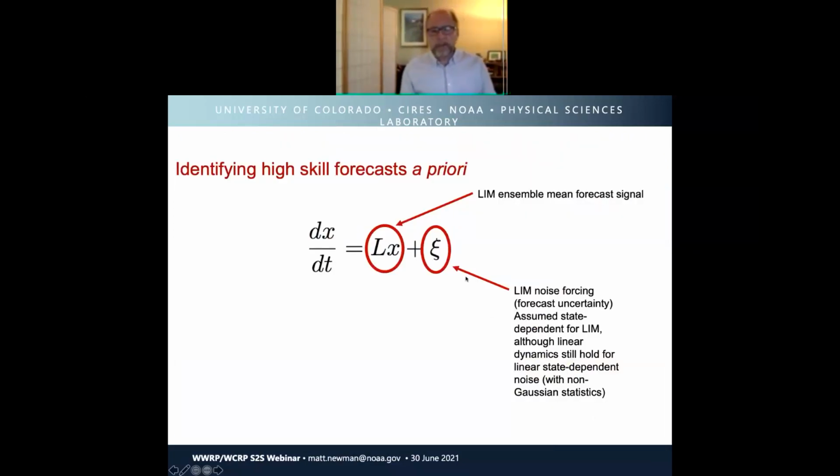So from a predictability standpoint, again, what we're interested in is essentially determining the difference between a predictable signal, this ensemble mean forecast signal, and an uncertainty due to noise. And this noise in the LIM, we assume to be state independent. That makes it easier to calculate. In practice, from the theory perspective, this could have a linear state dependence on X that would give you non-Gaussian statistics.